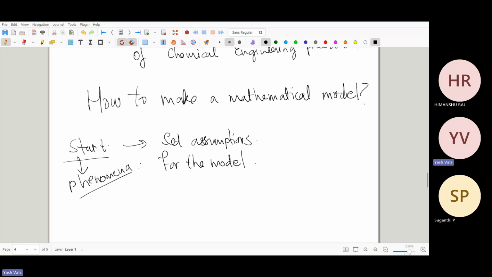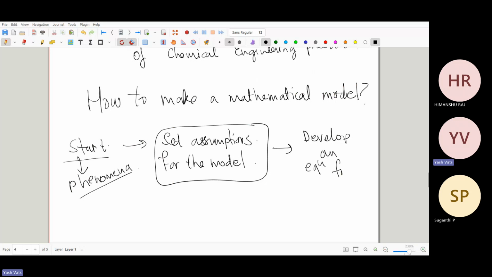So in very basic terms, you start with the phenomenon, then you set some assumptions in your model, and then develop an equation framework. That is very important.